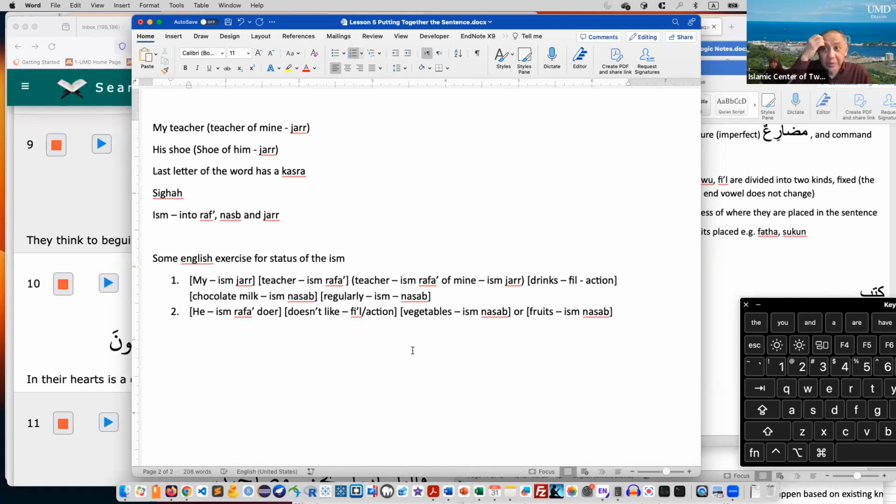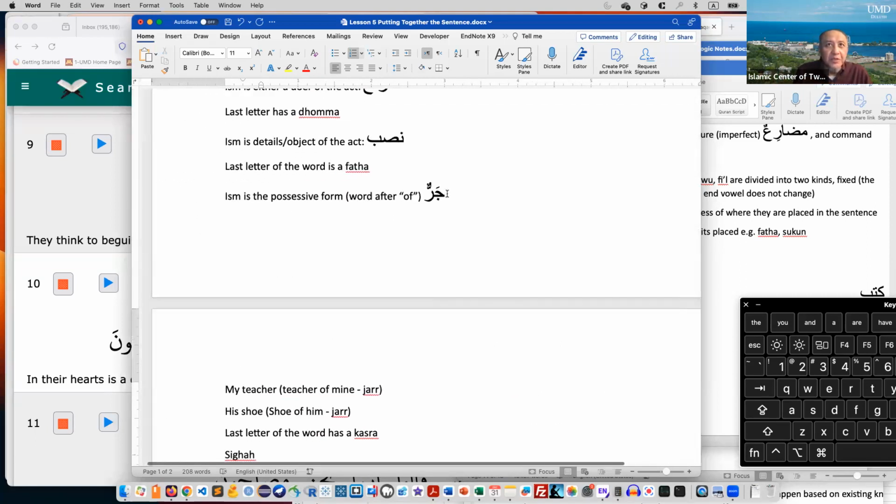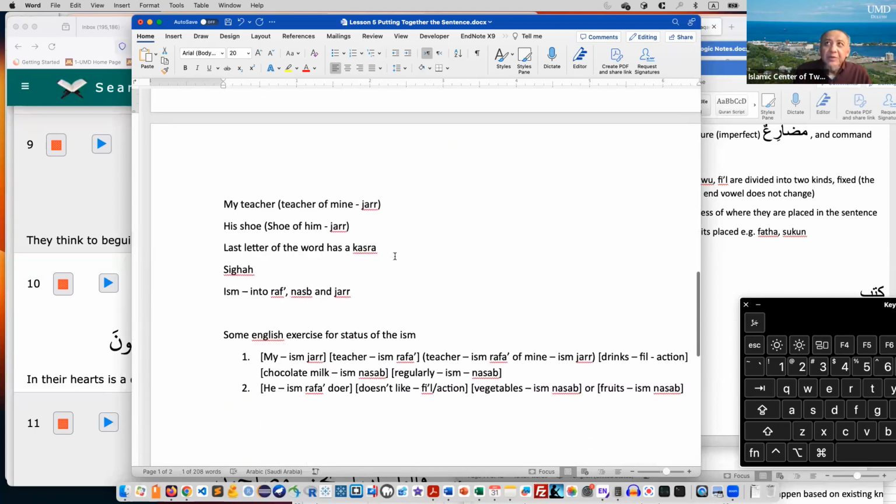But then I told them that the isim is after a harf, the possessive form, since jarrun means possessive form. We'll stick with that, and later we'll add more to it. Anyway, you guys did good.